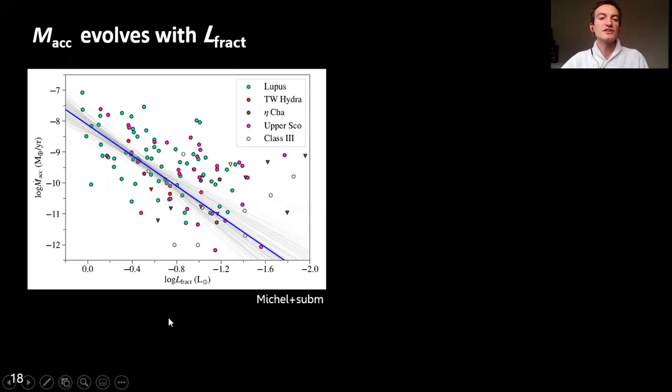Furthermore, when we look at this fractional disk luminosity, we see that it evolves with the mass accretion rate. So here we have a plot of the log of the mass accretion rate against the log of the fractional disk luminosity for class 2 objects. And we can see an excellent correlation between these two parameters, indicating their link.